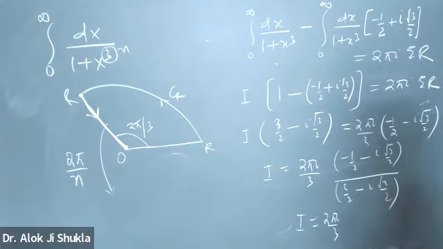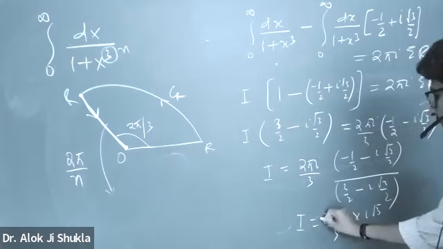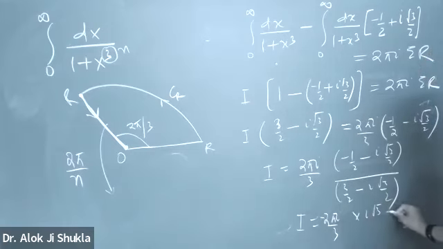What are we getting after rationalizing? i root 3, i root 3, and minus, which was outside. Minus is still there, right? So it will become 2 pi by 3 root 3.